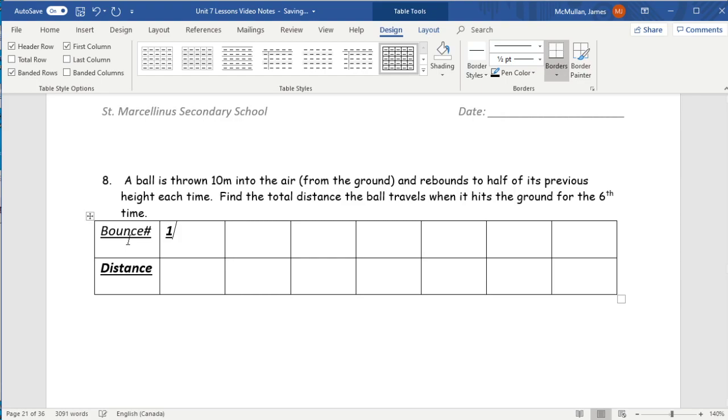Now, when it hits the ground the first time, it has traveled a distance of 10, right?